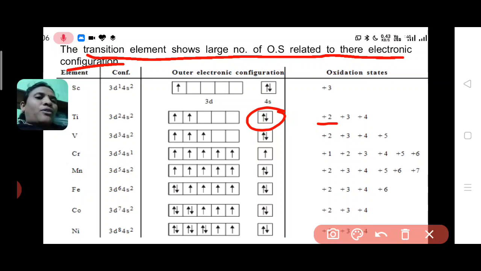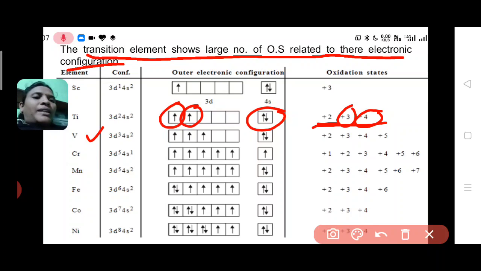If one more electron is removed from this shell, titanium will acquire +3 oxidation state. Same way, if one more electron is removed from this orbital of titanium, you will get an overall charge of +4 on titanium. So titanium can acquire +2, +3 and +4 oxidation state.